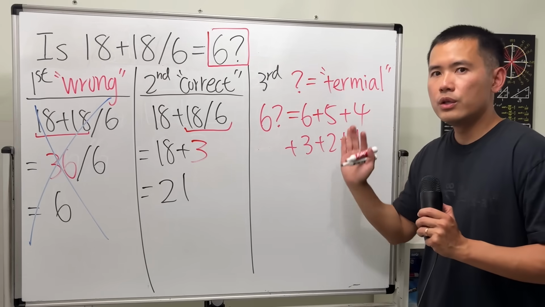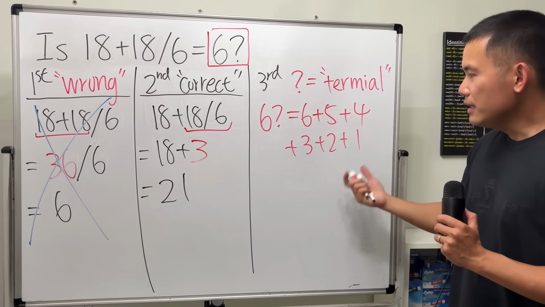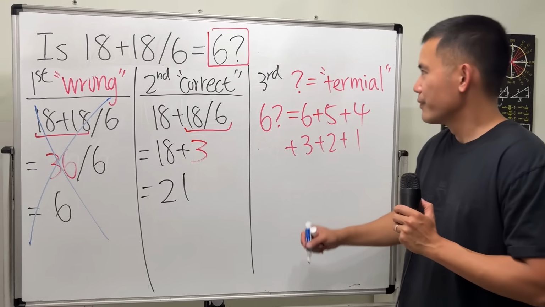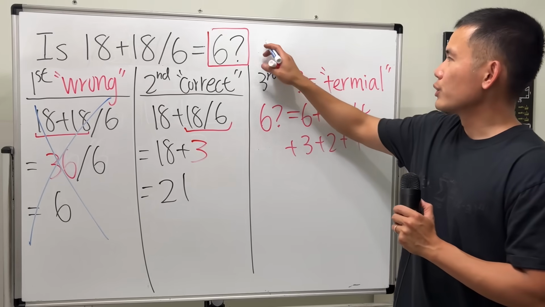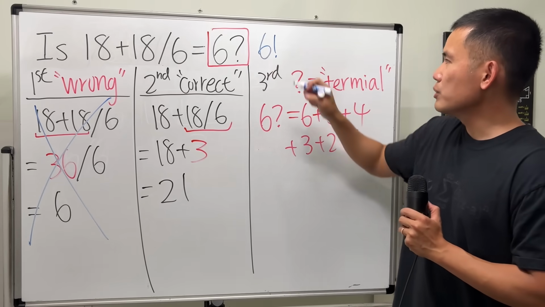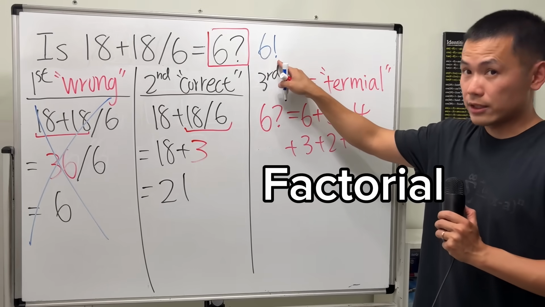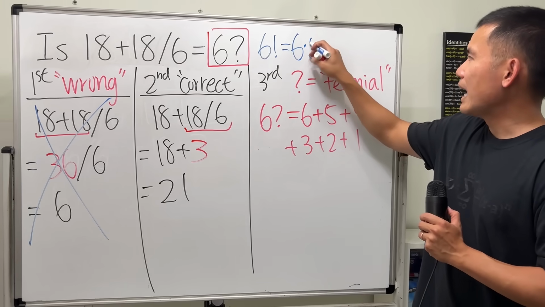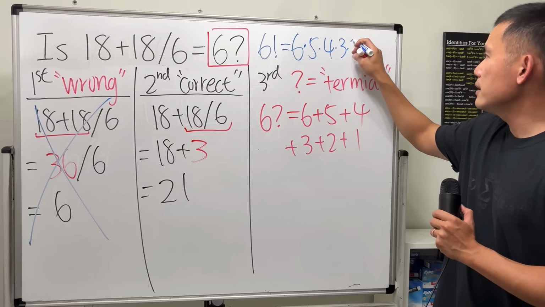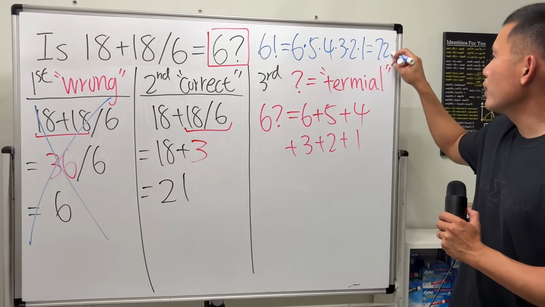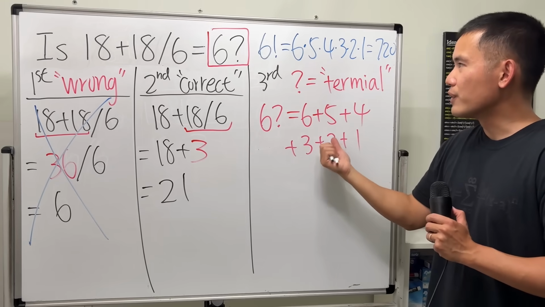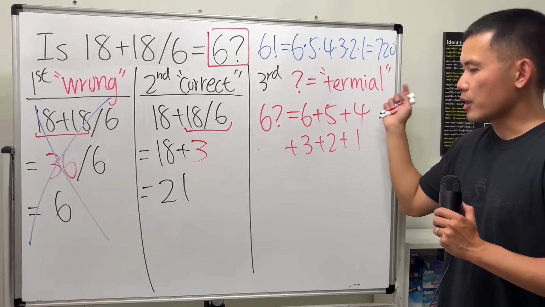Once you reach 1, you stop. This right here, it's very similar to the exclamation mark version, namely the factorial. So recall that if you have 6 exclamation mark, this means the 6 factorial, and you will start with 6. You multiply with 5, and then 4, and then 3, and then 2, and then 1. You get 720. 6 factorial, and this is the addition version of that, and this is called a terminal.